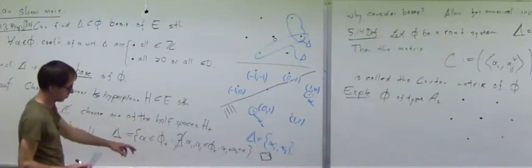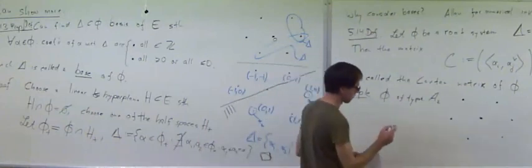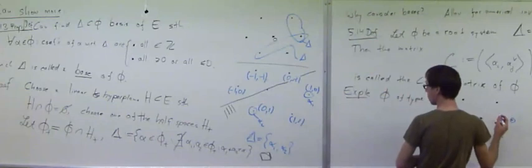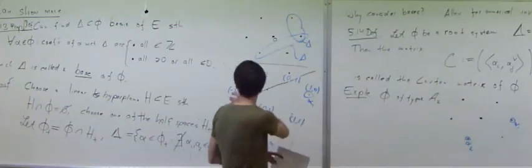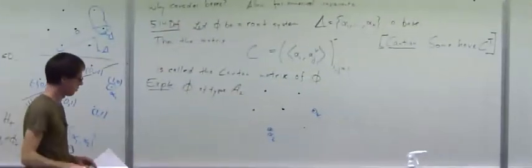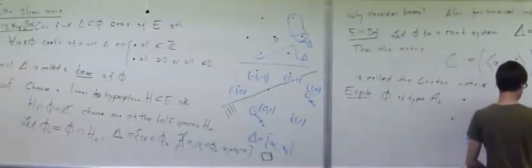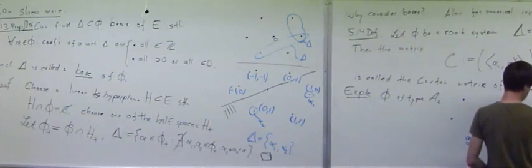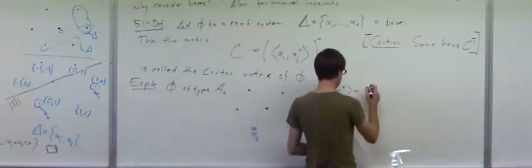So first we have to fix the base. Let's just pick the same one. So this was alpha 1, alpha 2. So we checked that this is a base. So what's alpha 1 check? Well, that's easy. Let's just write down the formula.